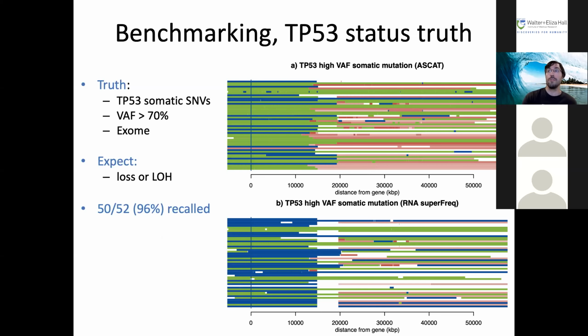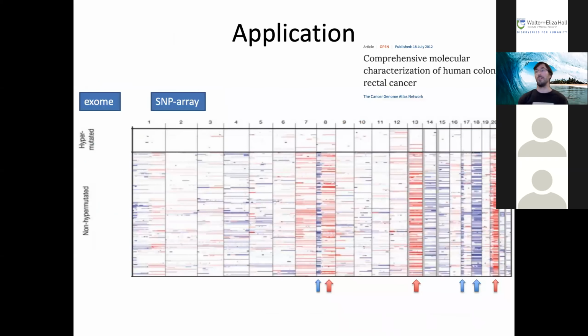A third way to measure it is to go more to cohort level analysis. So this is the original paper of the TCGA colorectal data. One of the main findings of that is that they split the samples into hypermutated and non-hypermutated based on the number of mutations called from the exomes.